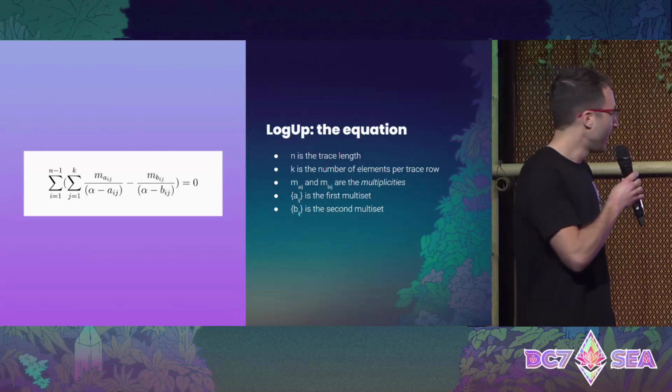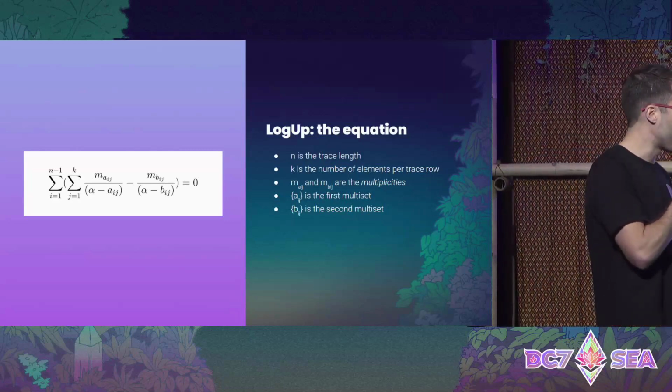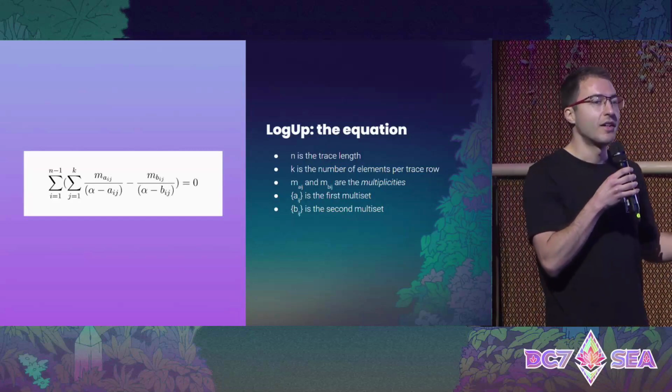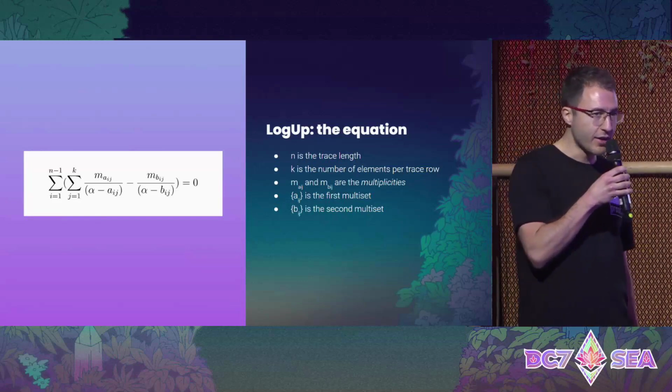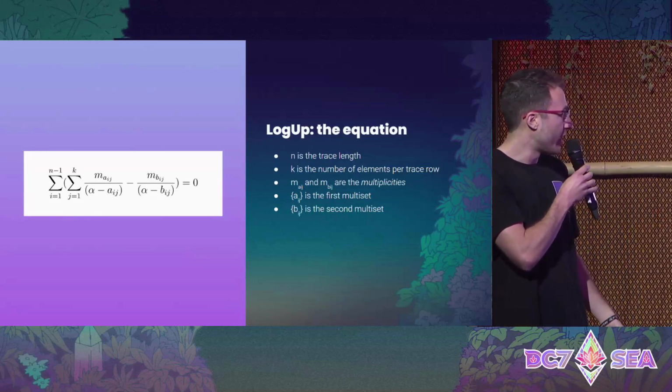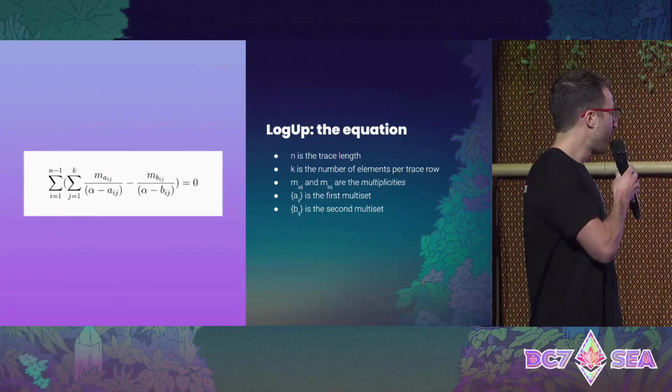Multiset checks. We'll jump straight into the equation. Unfortunately, we don't have time to talk about why that makes sense. It's in the book, but we'll take some time and analyze it together. There are 4 sets of variables of interest.